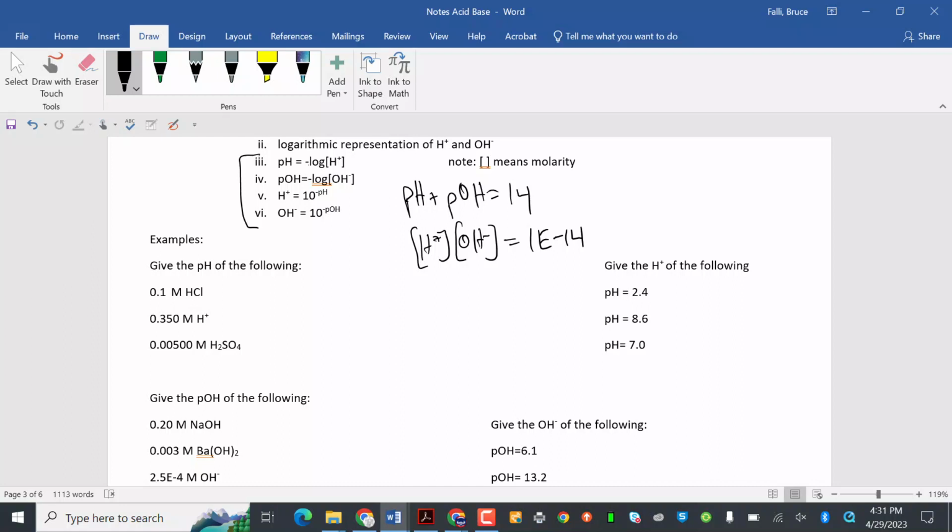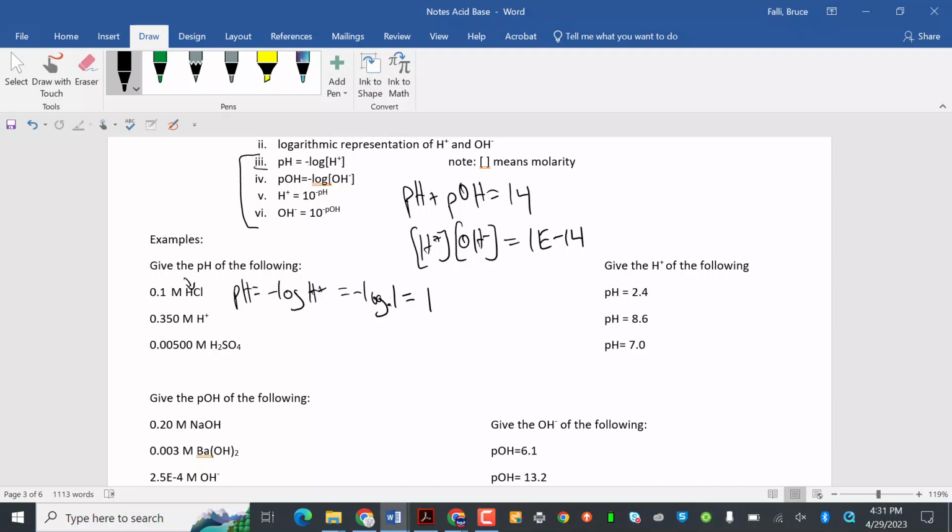Okay, give the pH of the following. pH equals negative log of H positive. Now remember, this is a strong acid, so all I'm going to do is negative log of 0.1, enter, and that is 1.